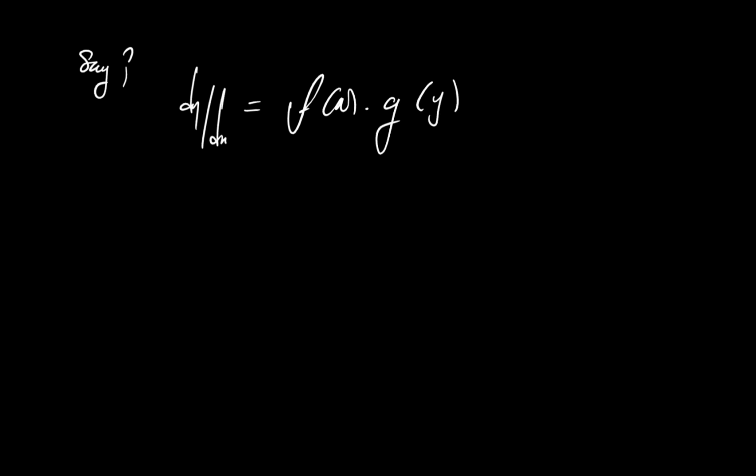Alright, so now how can you understand that what you're trying to find involves the separation of variables? Say you have a differential coefficient dy over dx, and let's say this is equivalent to two functions, a function of x and a function of y.